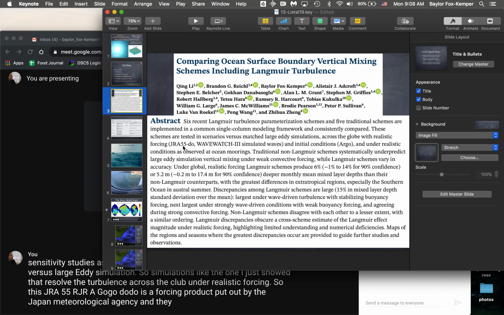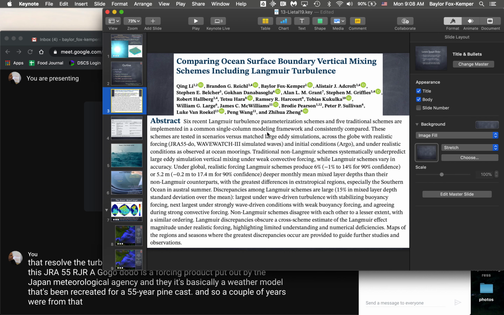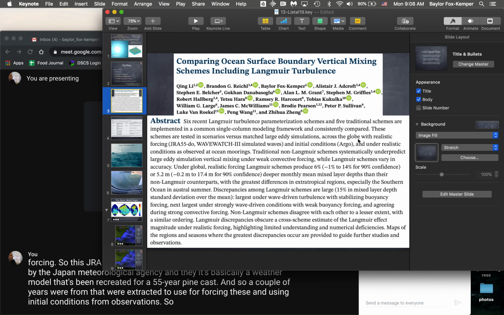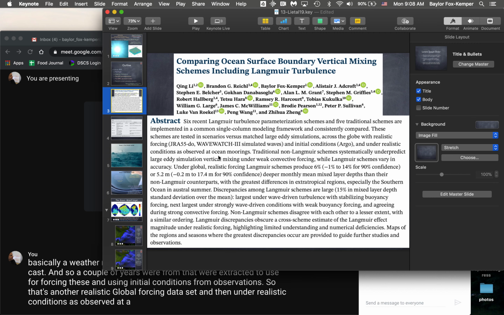It's basically a weather model that's been recreated for a 55-year hindcast, and a couple of years from that were extracted to use for forcing these, using initial conditions from observations. So that's another realistic global forcing data set. And then under realistic conditions as observed at a few dedicated studies with moorings.